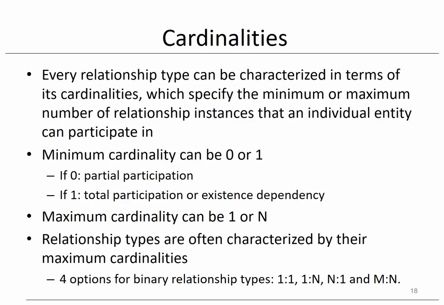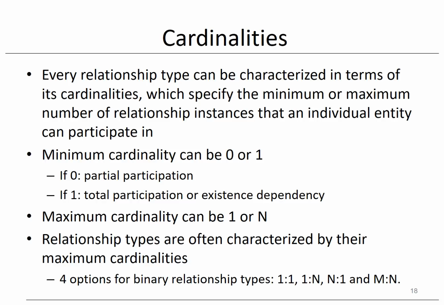Every relationship type can be characterized in terms of its cardinalities, which specify the minimum or maximum number of relationship instances that an individual entity can participate in. The minimum cardinality can be either 0 or 1. If it's 0, it implies that an entity can occur without being connected through that relationship type to another entity. This can be referred to as partial participation, since some entities may not participate in the relationship.